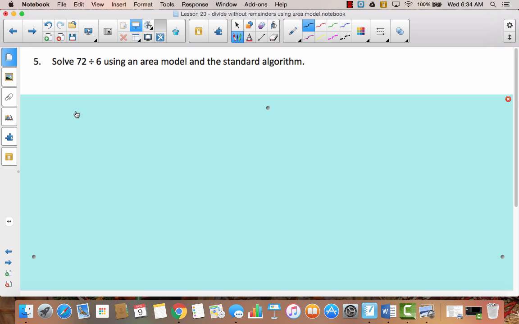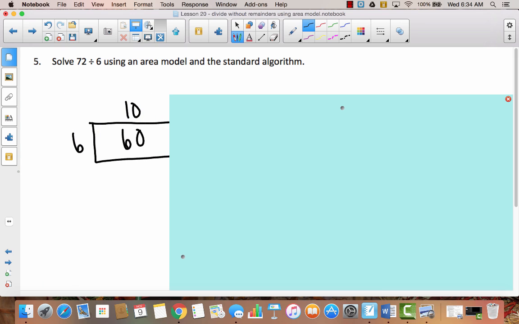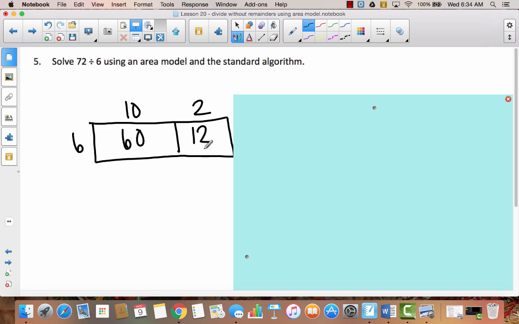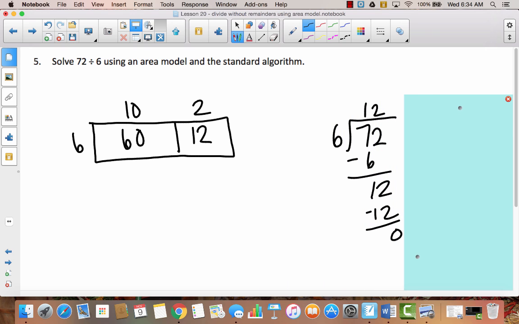And I know 6 times 10 is 60. So I chose to put 60 in the first box, which gives me a length of 10. So to get from 60 to 72, I had to add 12 more, which worked out nice because 12 is also divisible by 6. So that gave me an answer of 12. And then I had to show standard algorithm, so I came over here and I divided, and I also got an answer of 12.